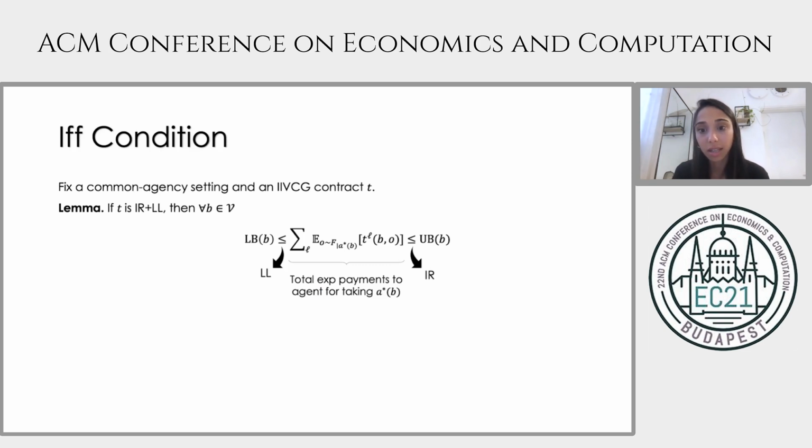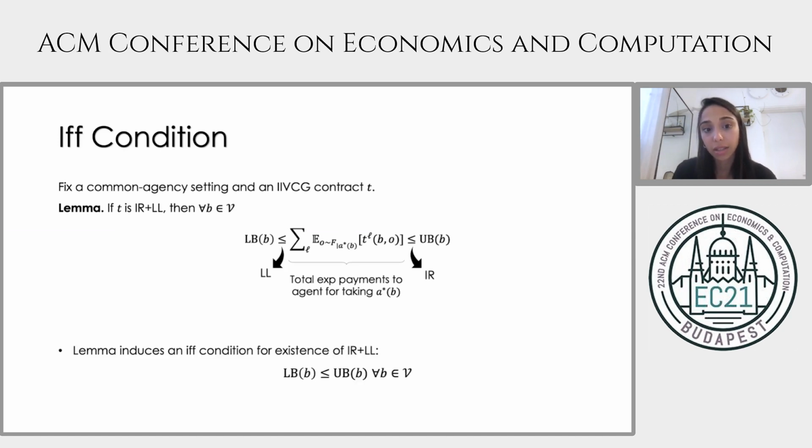Fix the common agency setting and the contract T. If T satisfies limited liability and individual rationality, we have that for every bid profile, the total expected payment to the agent for taking the maximizing action is sandwiched between some lower bound that comes from limited liability and some upper bound that comes from individual rationality, and we give both bounds in the paper. And from this, we work a bit to derive the condition that if for every bid profile in the domain, the lower bound is at most the upper bound, we have room to construct an IIVCG contract that is both limited liability and individually rational, and vice versa.